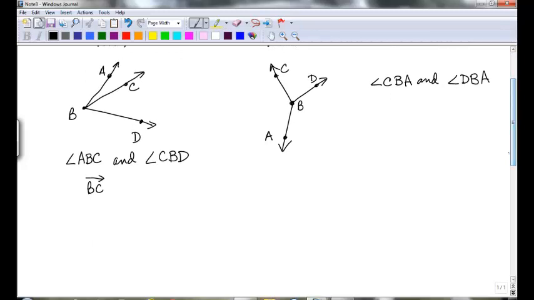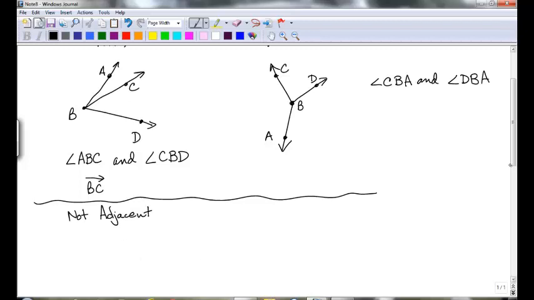Now let me give you a couple of examples of not adjacent. Draw a little separator. These are not adjacent angles.